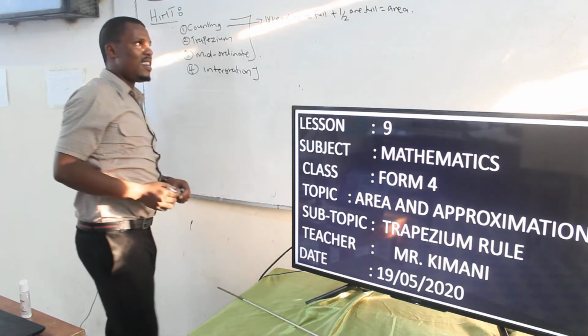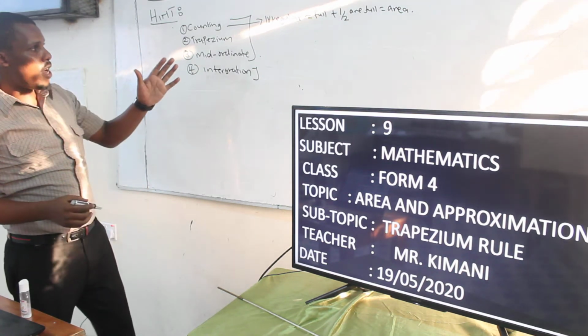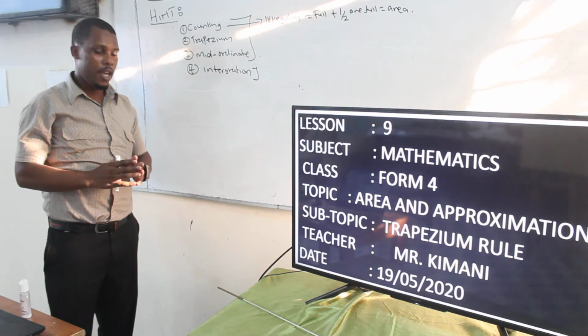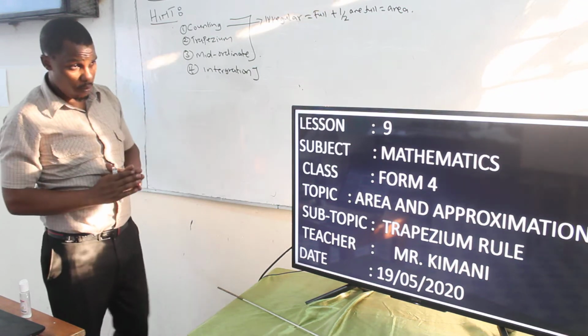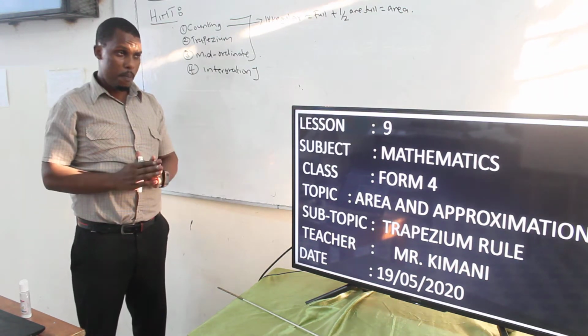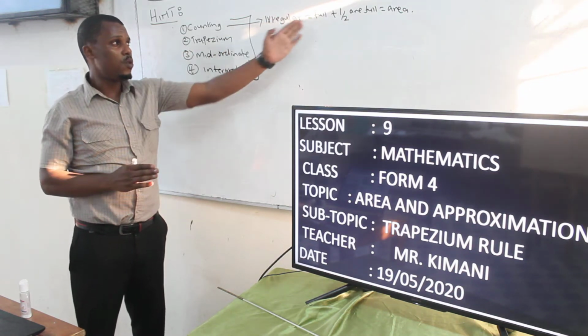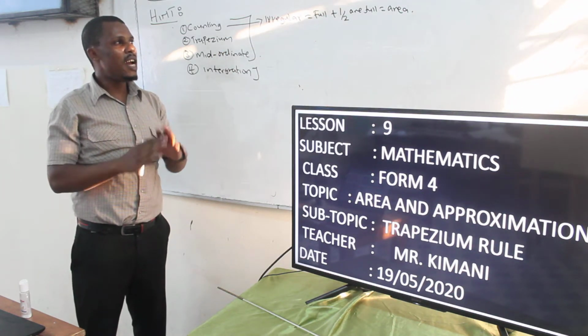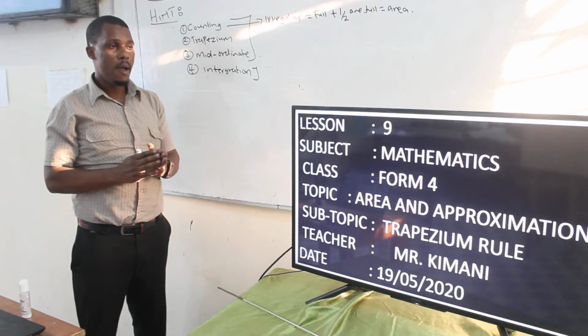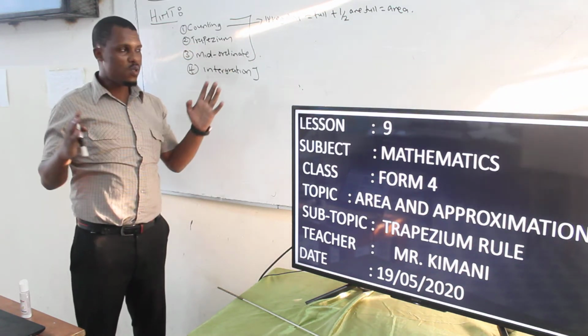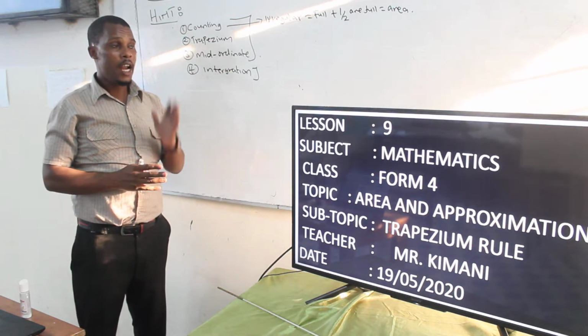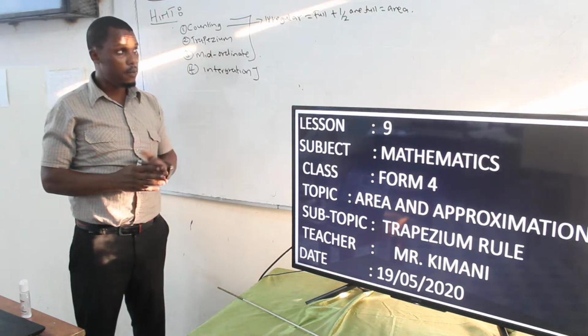Remember I said this one is just an approximation. Number 1 is concerning an object that has an irregular shape. You make sure that you trace it on paper of squares of 1 centimeter, and then from there you count the boxes which are full. Then the other ones which are partially filled, you count them, but you divide them by 2. So when you sum them, they are going to give you an approximate area of that irregular object.